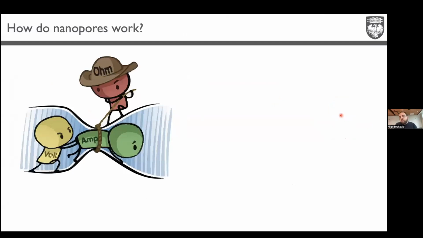But how do nanopores work? Actually, it's so simple. Probably if you just think about it, it sounds very practical. If you take any cable, like this one, and cut the wire in half and apply the voltage, you expect a current. So there's basic Ohm's law.